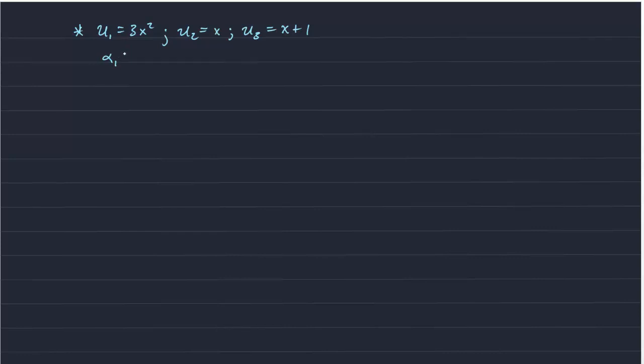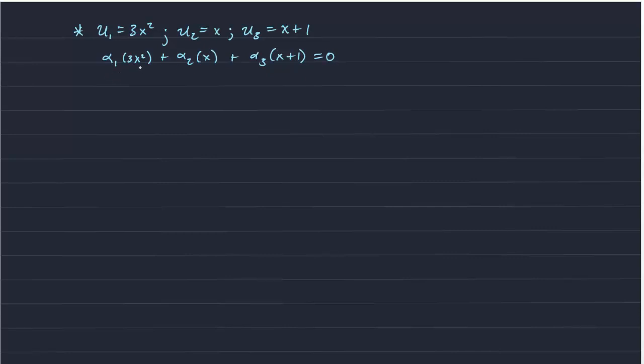So we have 3x squared times alpha 1 plus alpha 2 times x plus alpha 3 times x plus 1, and that's equal to 0.